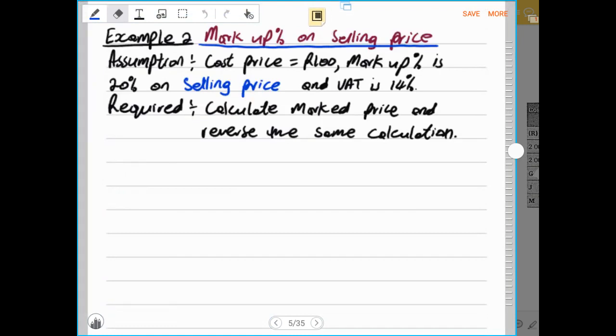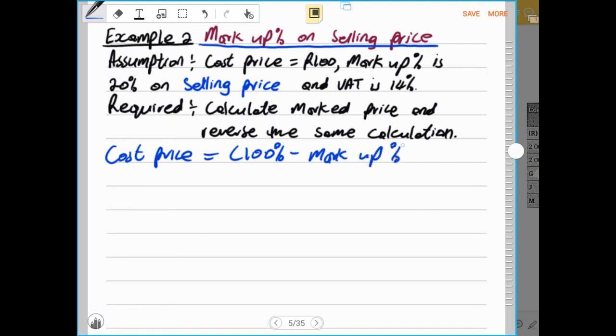In this case, we have the markup percentage that is on the selling price. Therefore, now it means if the markup percentage is on the selling price, then cost price is equal to 100% minus markup percentage. That will be the cost price.